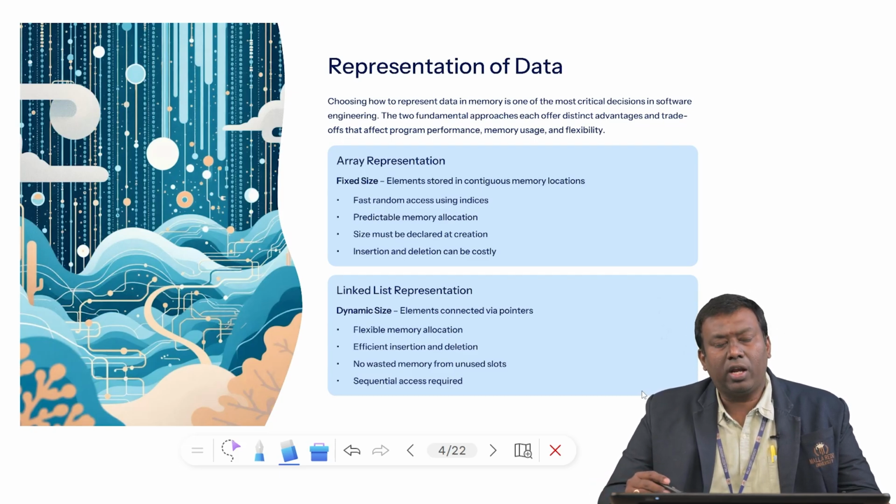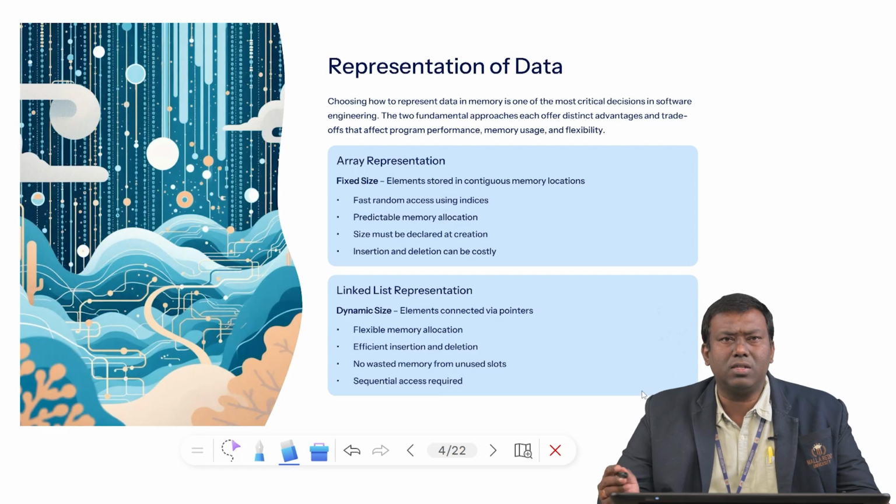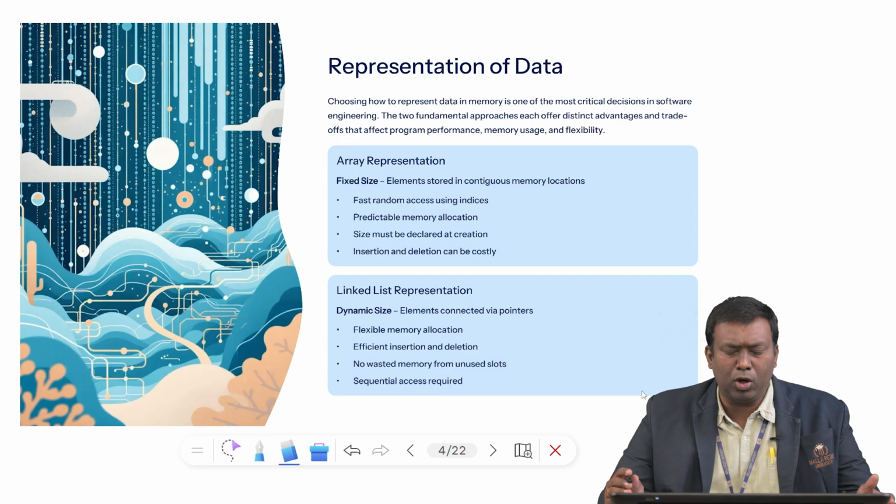Array representation is familiar to everyone, where we store the data as homogeneous elements and the elements are accessed by using an index. Now we go with the linked list representation. The major difference between the two is the memory allocation, where an array is a static memory allocation whereas a linked list is a dynamic memory allocation. We will go through the major differences between the array and the linked list at the end of this session.